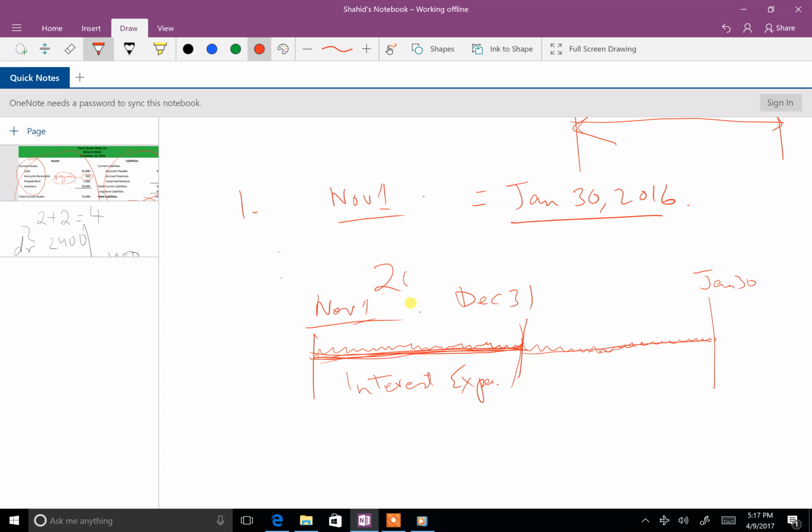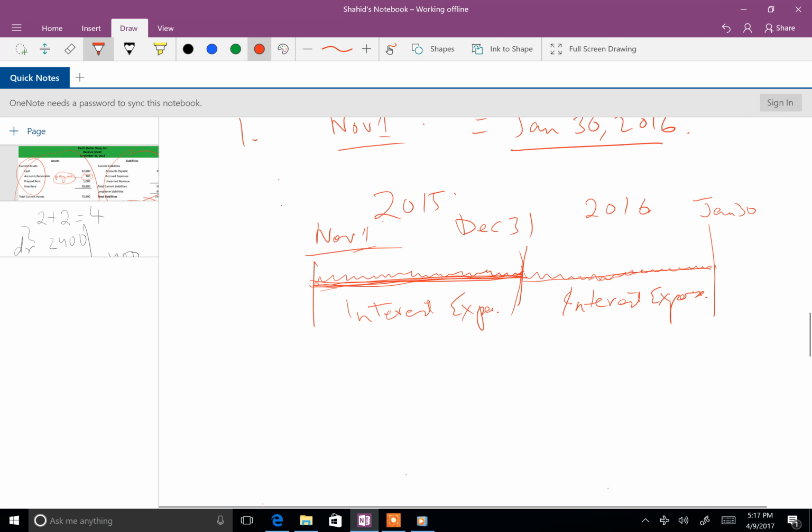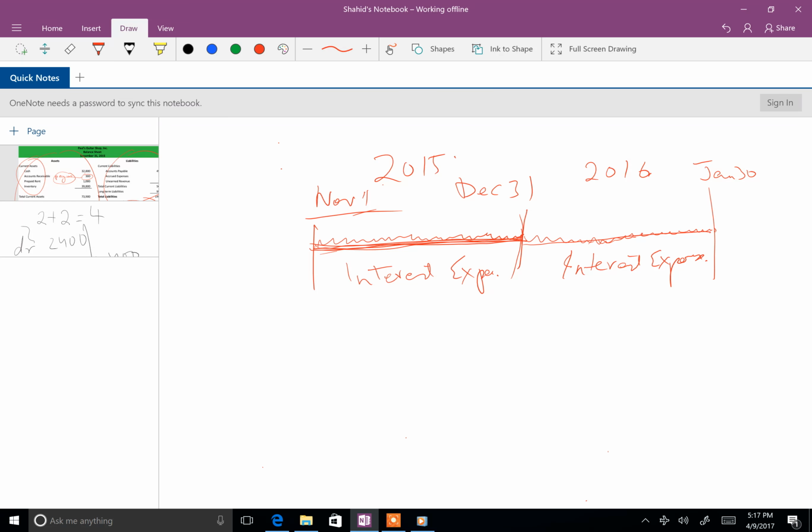That interest expense will be part of the 2015 time period, before December 31st. And for 2016, you have another interest expense, which starts from January 1st to January 30th. So now you have to determine how much for 2015 and how much for 2016, because the year ends in between.